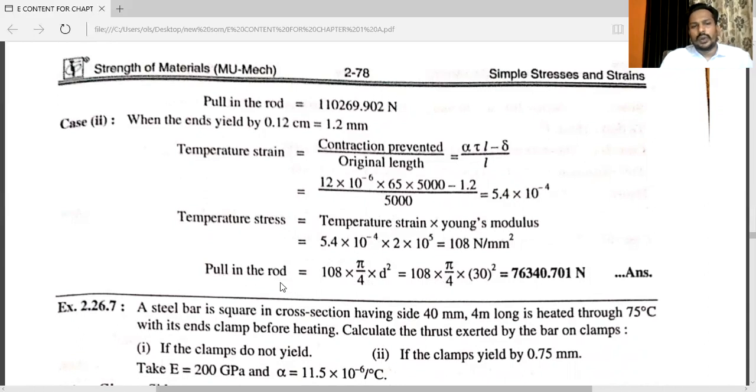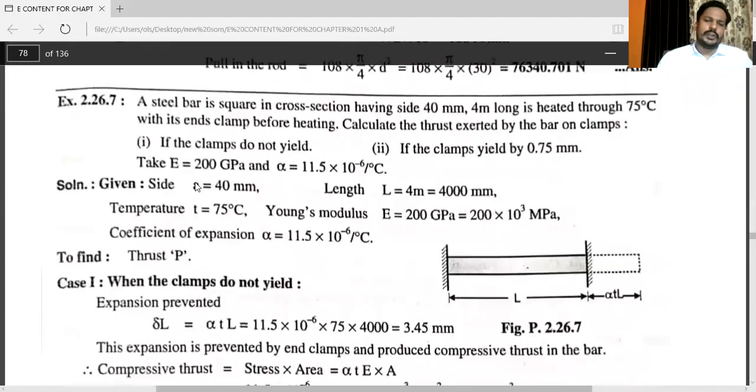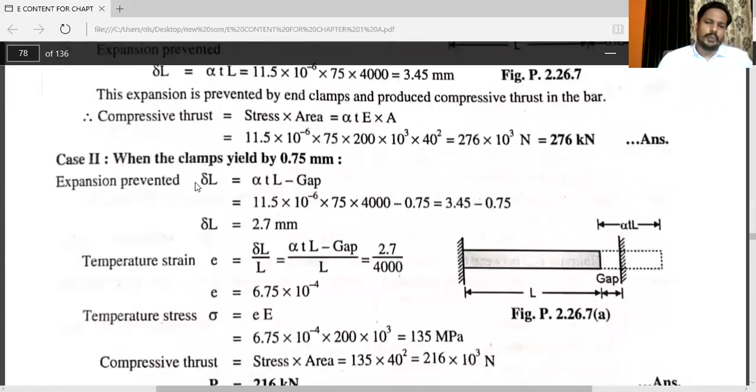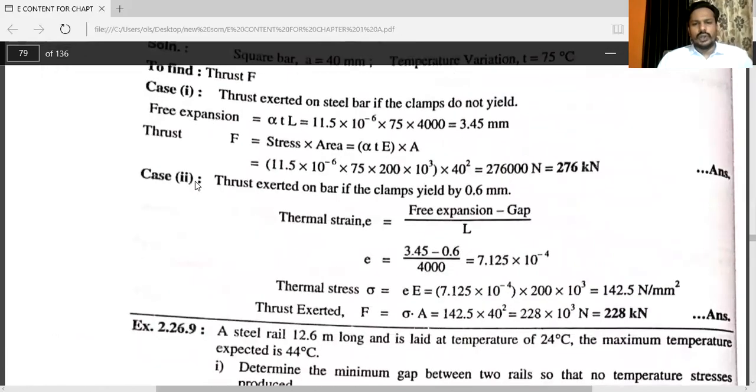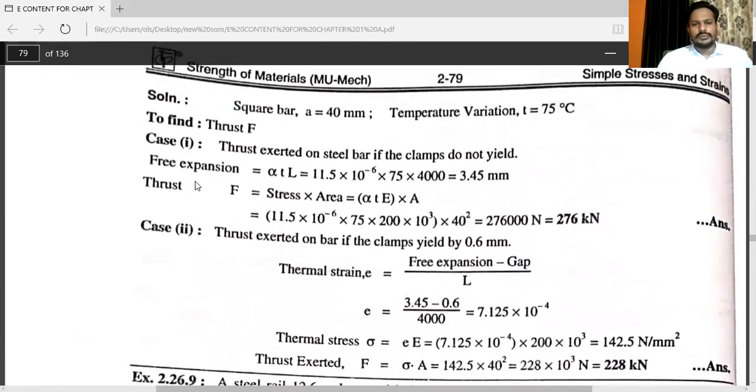The pull in the rod in the second condition, when the ends yield by 1.2 mm, the answer is 76340.701 Newton. Just by using simple formulas, the conditions are very important. You can solve n number of problems.